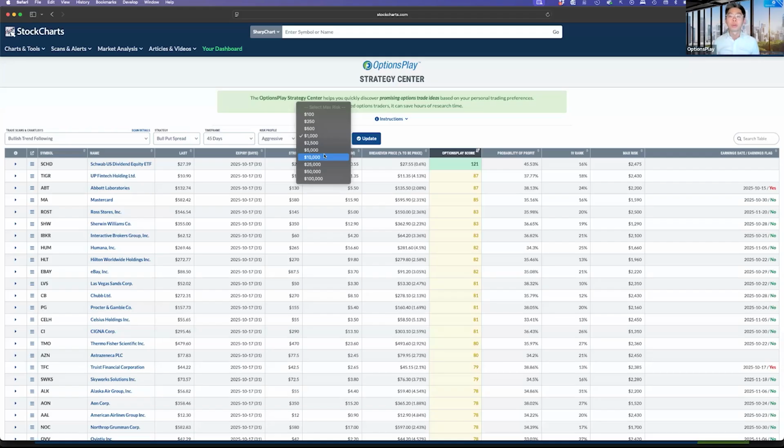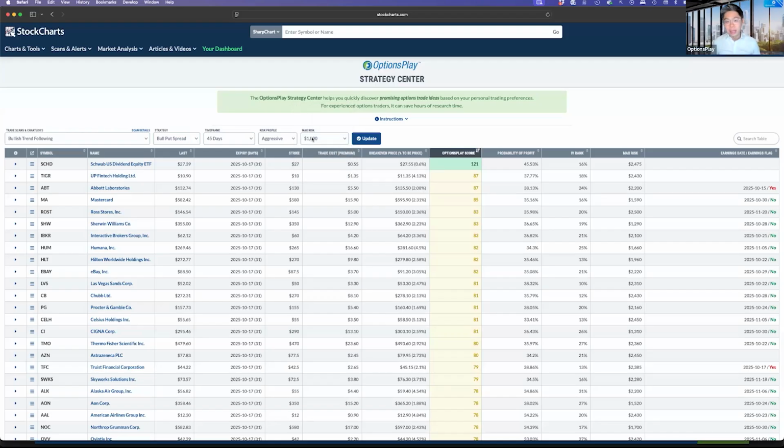If you do that, you're going to prevent account blowups, because even if the trade goes 100% against you, the most you'll lose is 2% of your account. And you can always survive a 2% loss and move on to the next trade. It's when you risk 5%, 10%, 20% of your portfolio on one trade that you can get yourself into some serious trouble.